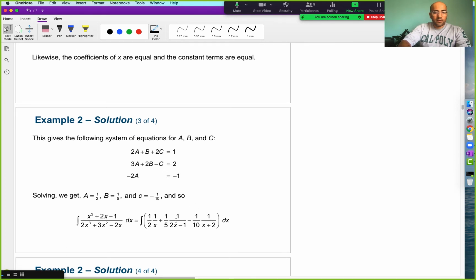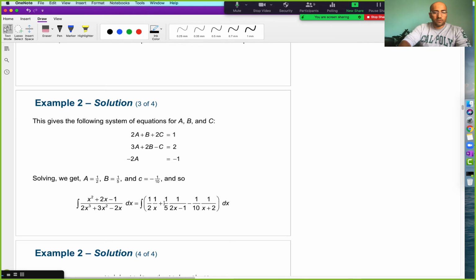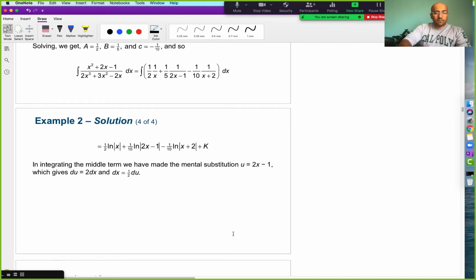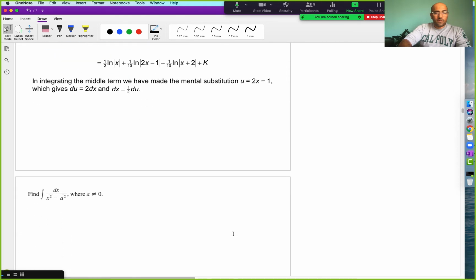And then you end up with the same terms. Yep. So you end up with 1/2, 1/5, negative 1/10. And then you get the same thing: 1/2 ln of absolute value of x, plus 1/10 ln of 2x minus 1 minus, yep, that looks exactly right. And that's it.